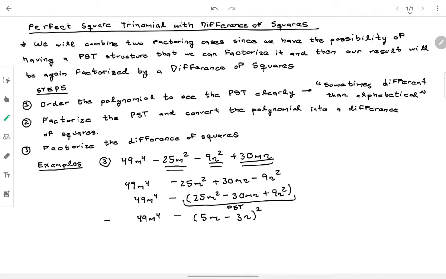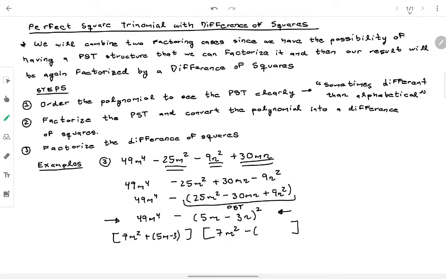So now we have here a difference of squares, so we can do it. We will open up two brackets. On the first one, it's going to be 7m squared. In the second one, also 7m squared, that is the square root of the first term. Then on the first parentheses, it's going to be the square root of the second one positive.